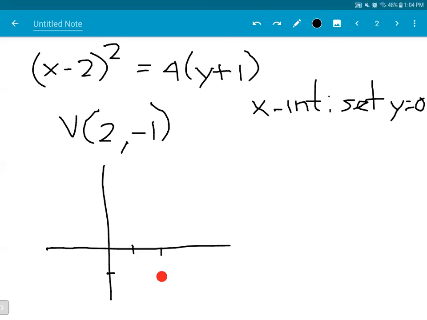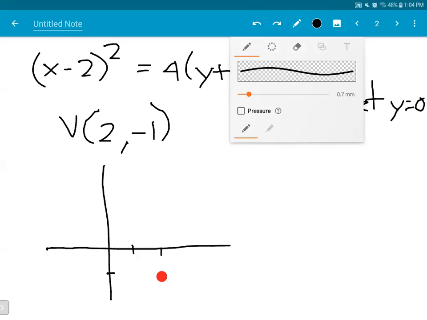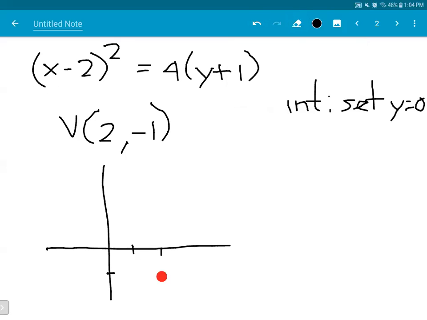Sorry, we're looking for the y-intercept. So for the y-intercept, you set x equal to 0. Erase that. So set x to 0, plug into the equation of the parabola.